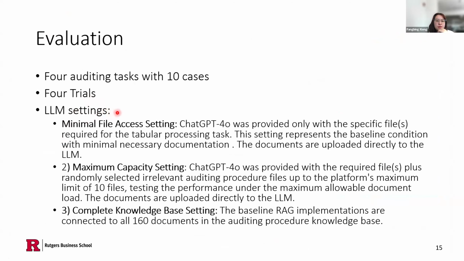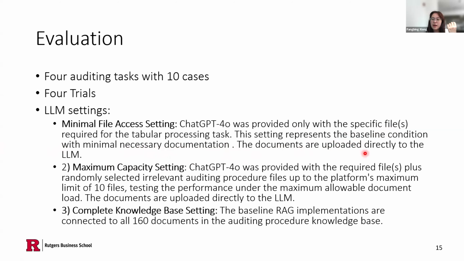For the large language model system setting, the first one is the minimal file access setting. That's where we use ChatGPT-4 directly, and provide 1 or 3 specific files required for the tabular data processing task. This setting represents a baseline condition with the minimal necessary documents.